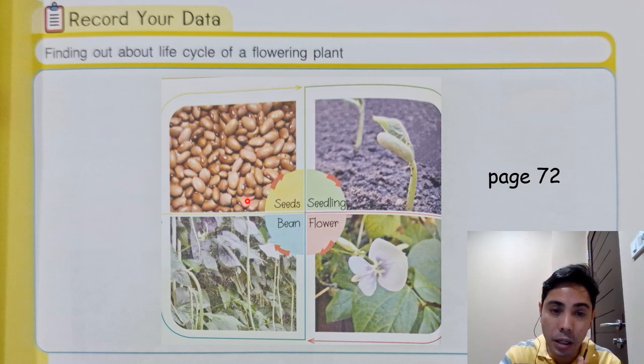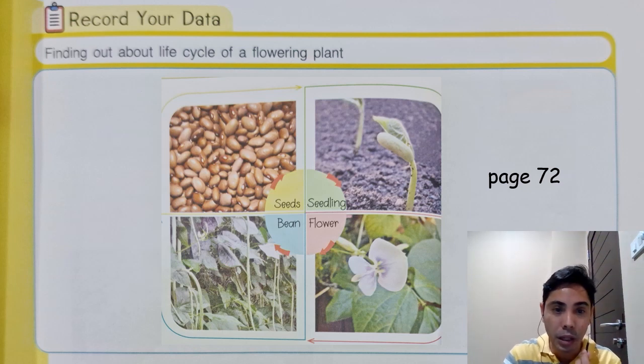From the seed, we plant and it becomes a seedling, and from the seedling, it becomes a young plant, and the young plant will grow a little bit older, and then it will bear flowers. And these flowers will then become a fruit or a bean, because this is an example of another plant.